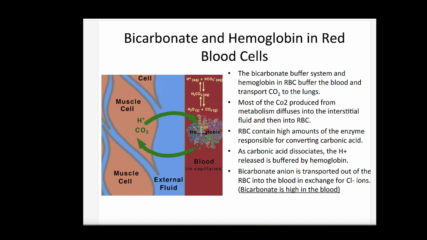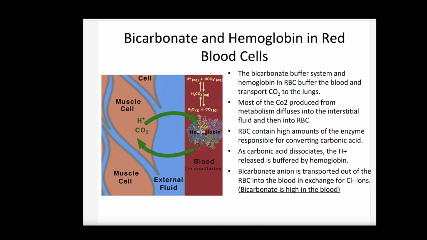Ultimately, as the pH falls, individuals breathe more rapidly and expire more CO2. So this is connecting breathing and pH to the respiratory system. And we know that the respiratory system within the hypothalamus helps control the rate of breathing, and that the hypothalamus is sensitive to changes in pH.